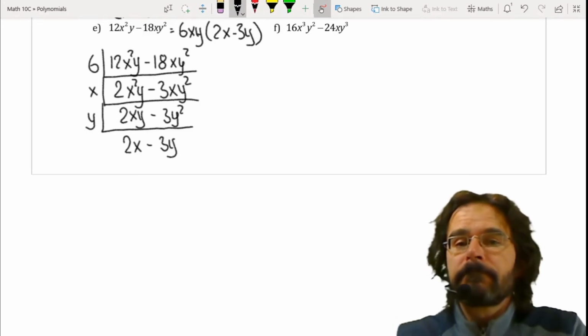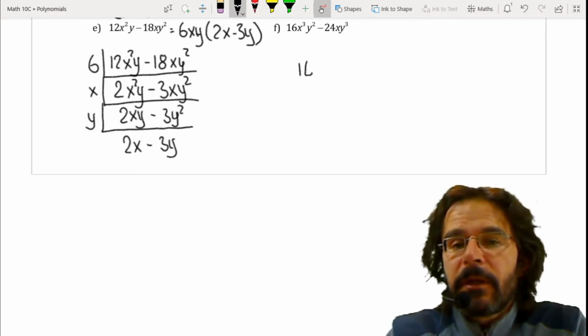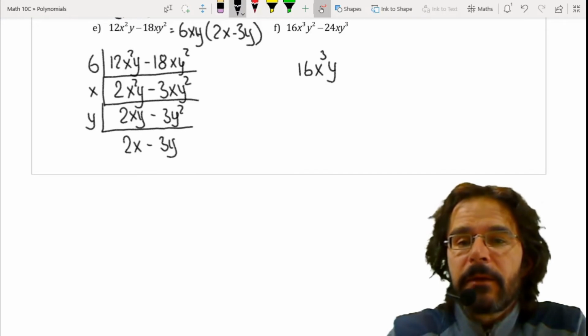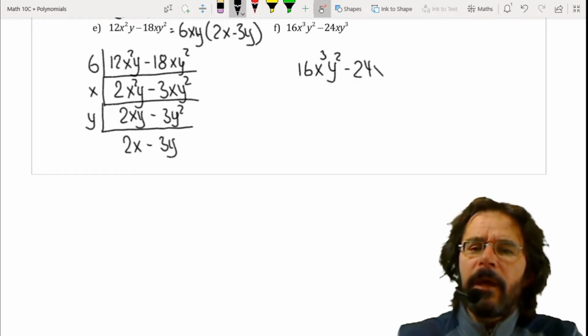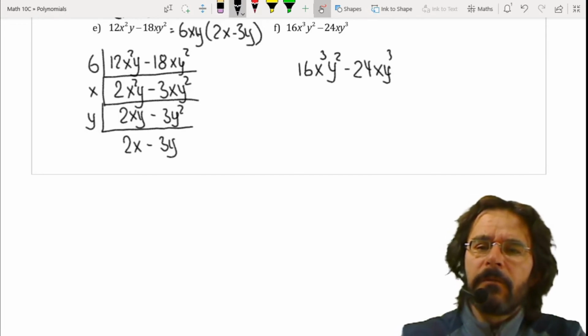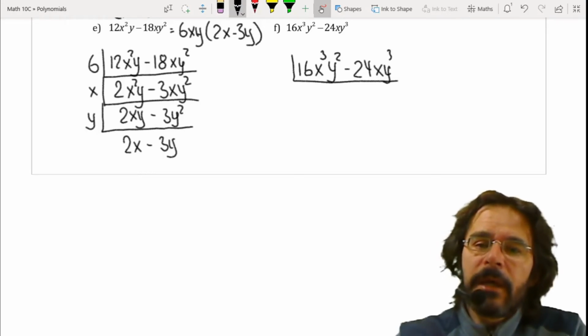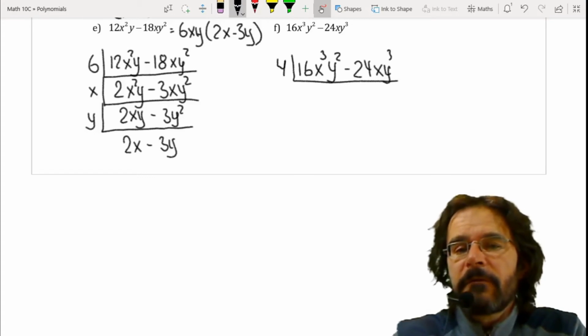All right. And then the last question here, we have 16x cubed y squared minus 24xy cubed. We put in our L. And here we can factor out a 4 from both 16 and 24. 16 divided by 4 is 4.